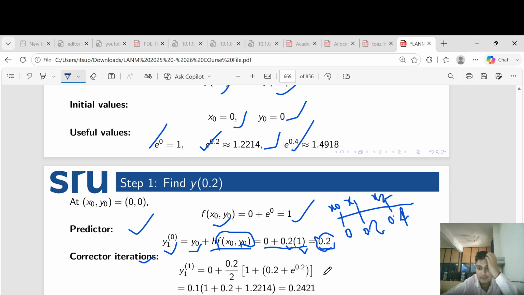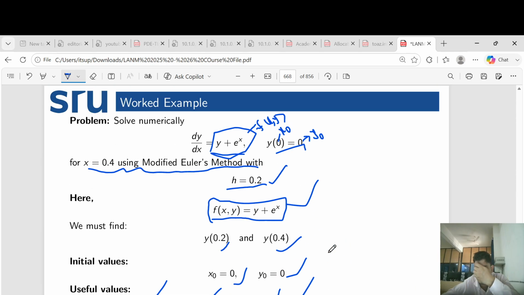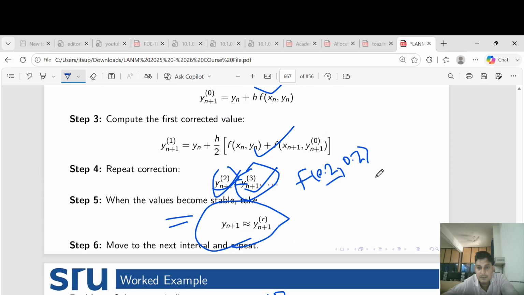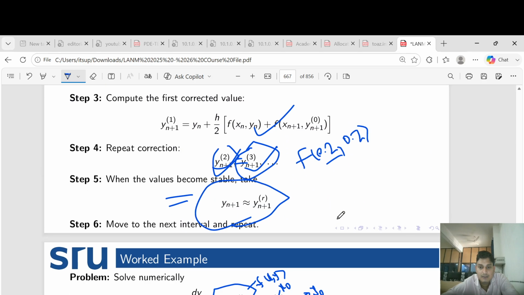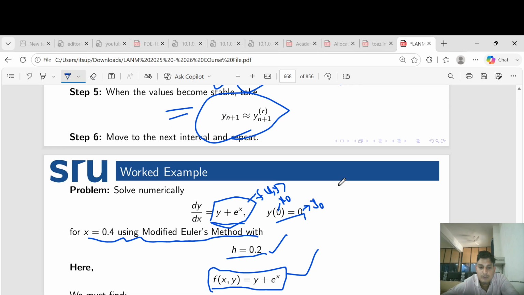So y1 at 0 is 0.2. You evaluate f(0.2, 0.2). So what is the value of f(0.2, 0.2)? It is 0.2 plus e^0.2.